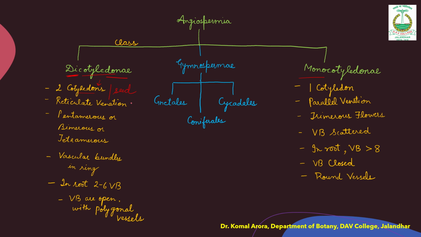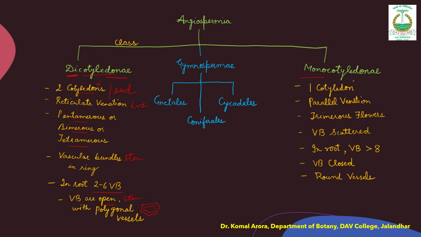They have reticulate venation in leaves. Flowers may be pentamerous, bimerous, or tetramerous. The vascular bundles in stem are arranged in the form of a ring. In roots, there are 2 to 6 vascular bundles, and in stem, the vascular bundles are open and they have a polygonal cross section. So we draw them this way. That is a polygonal cross section.